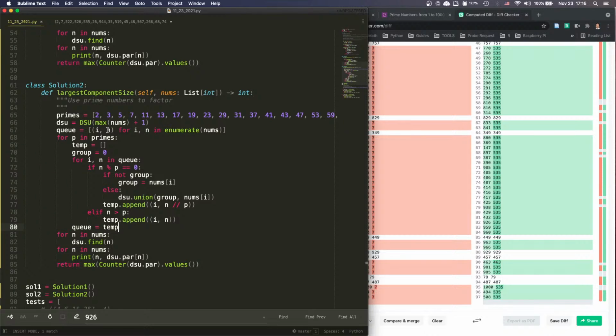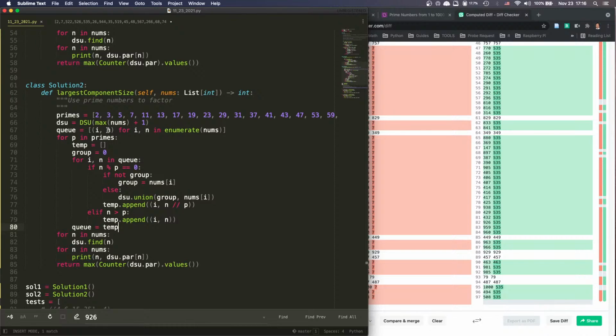Every single one is a prime number, and we just need to find if anything repeats. Basically, in the remaining values, they must all be prime numbers.